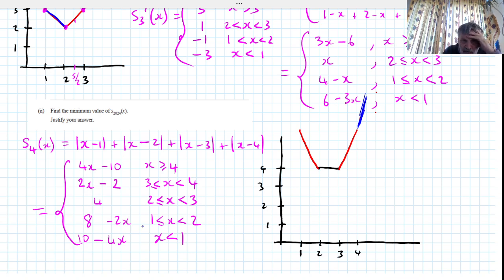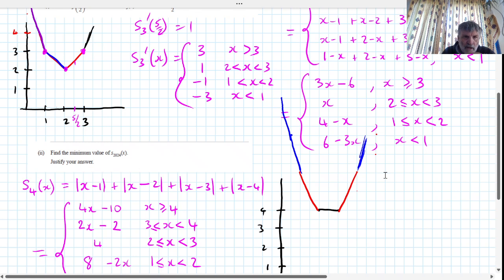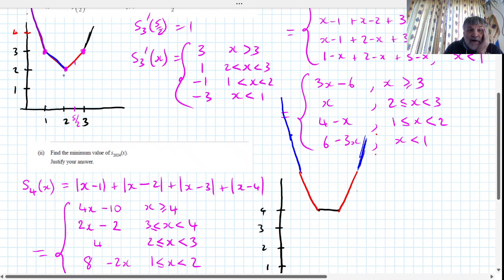And this one here, 10, so 5, 6, 7, 8, 9, 10 up here. And we go down to these values like this. And you can see that in both cases, the minimum is exactly halfway.